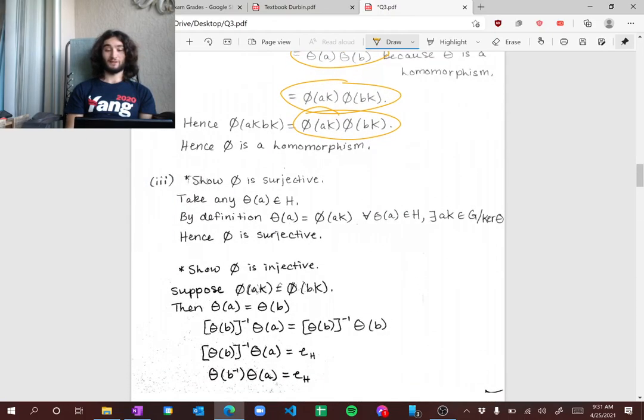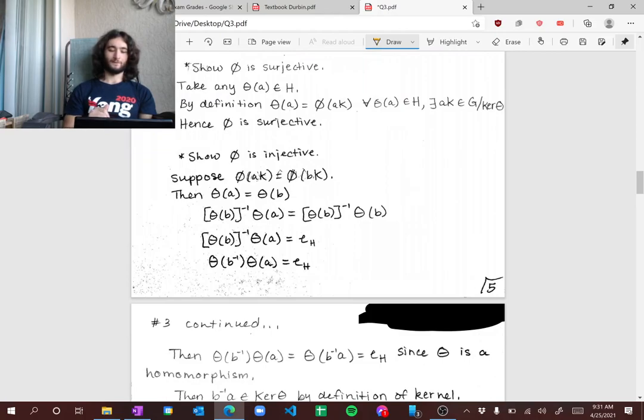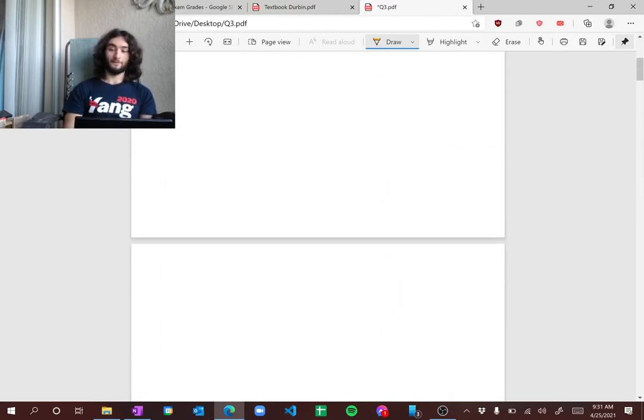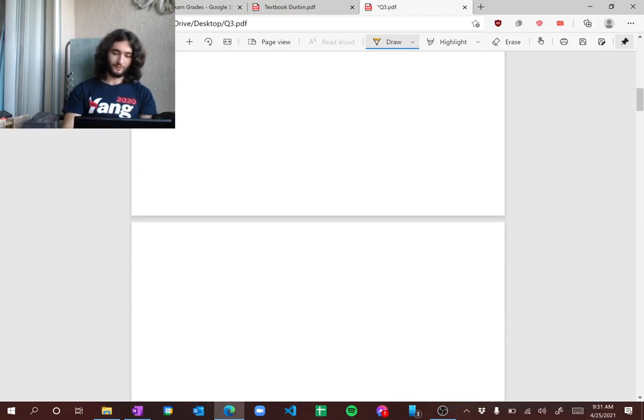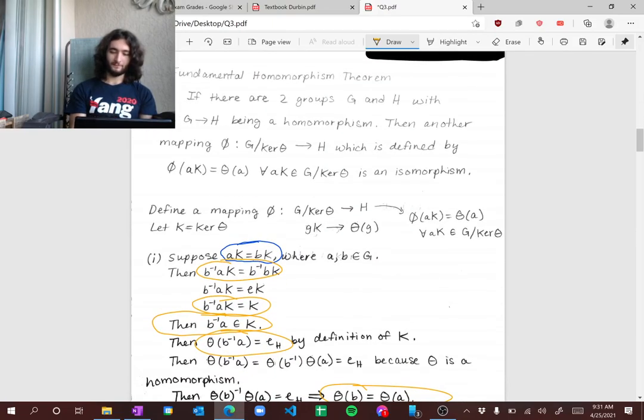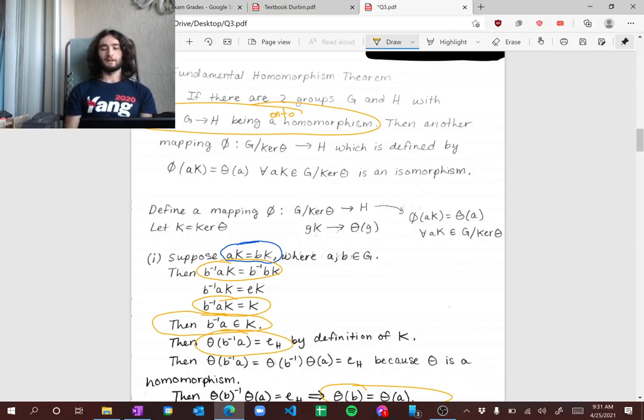So the point is it respects the operation, it is a homomorphism, and then finally show that it's surjective. So remember, this student actually forgot that theta needs to be onto H, right?